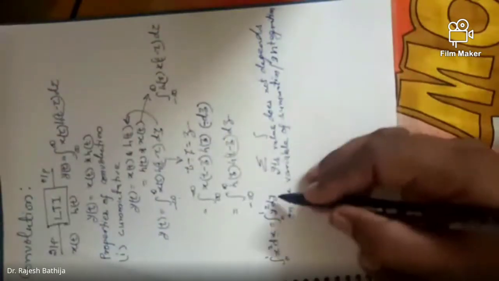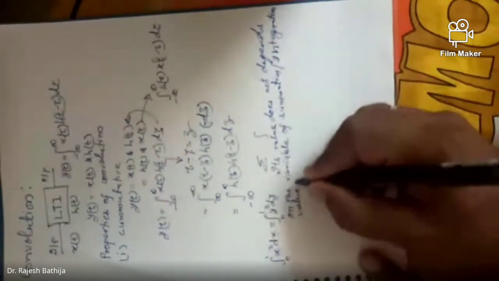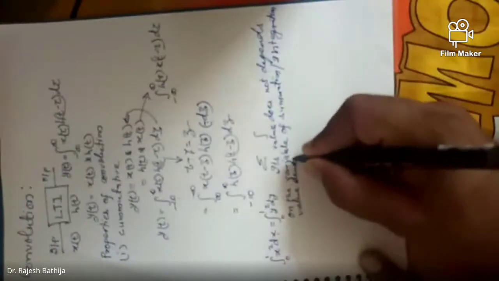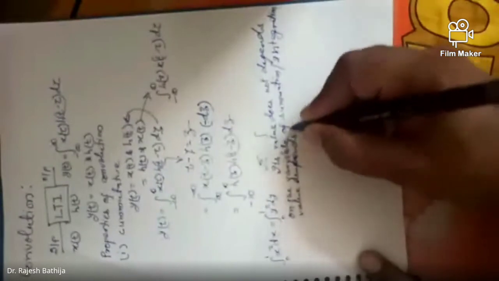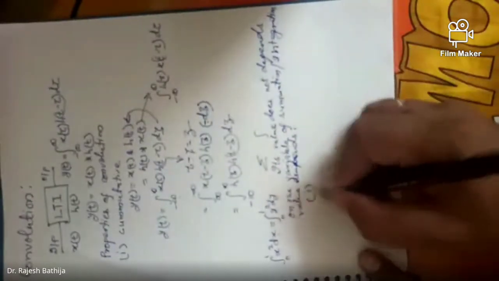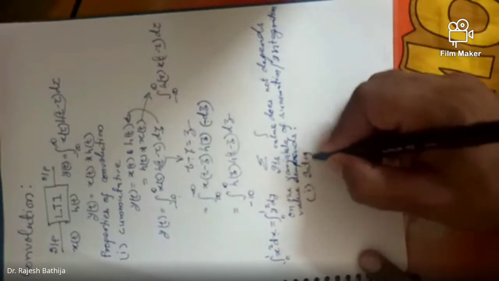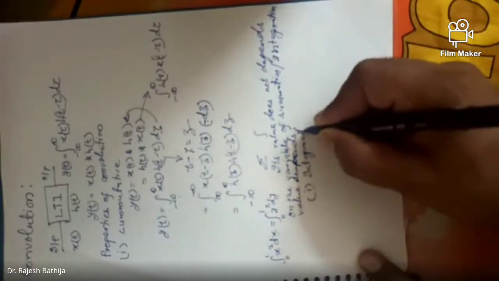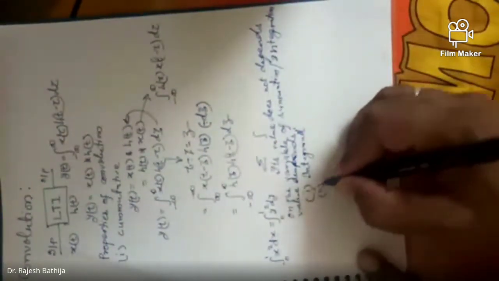So it does not depend on the variable over which it is integrating or summing, but its value depends on two things. First, the integrand, or whatever is inside the summation. Second is the limits.